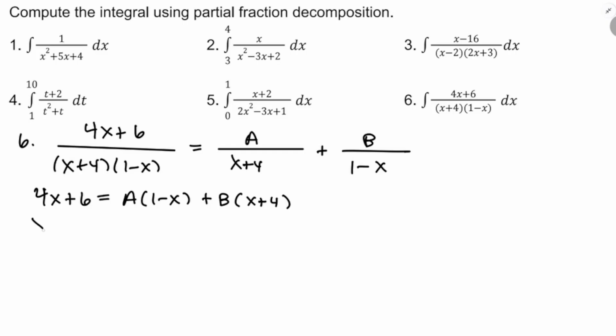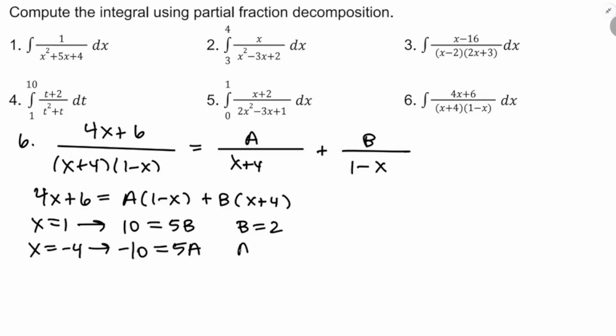And I'm going to let x equal 1. And that would be 4 plus 6 is 10 equals 0A plus 5B. And if x equals -4, I'd have -16 plus 6 is -10 equaling 1 minus -4 is 5A. So that's going to be A equaling 2 also.